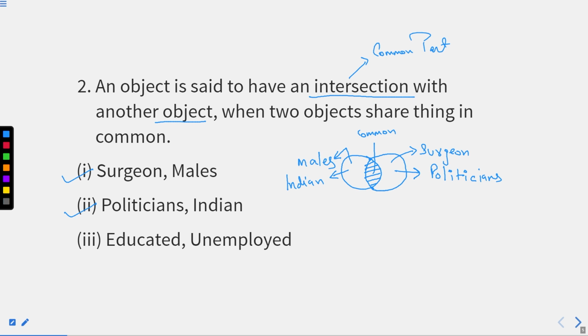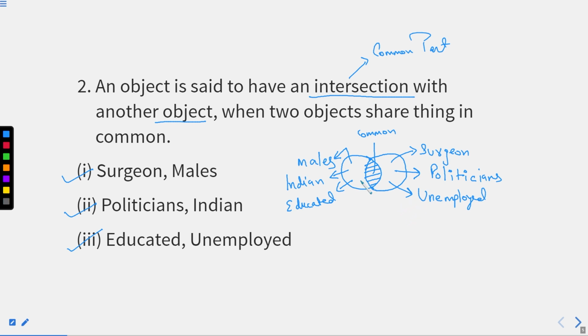Now if we look at the third part, which you can relate to much better, right? Let's say this part represents the educated people, and this part represents the unemployed. You know that in India the employment ratio is very low. There are many unemployed graduates.